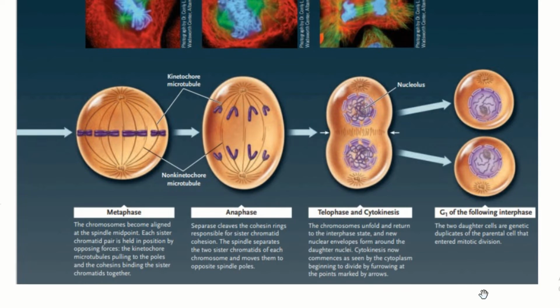Then we have telophase and cytokinesis. The chromosomes unfold and return to the interphase state and new nuclei develop, with envelopes forming around the daughter nuclei. Cytokinesis now commences, as seen by the cytoplasm beginning to divide by furrowing at the point marked by the arrow. Lastly, G1 phase of the following interphase. The two daughter cells are genetic duplicates of the parent cell and enter the mitotic division again.